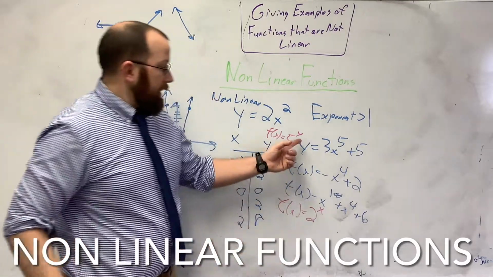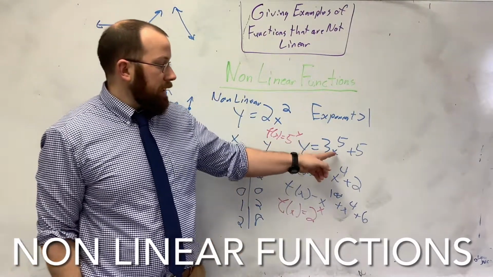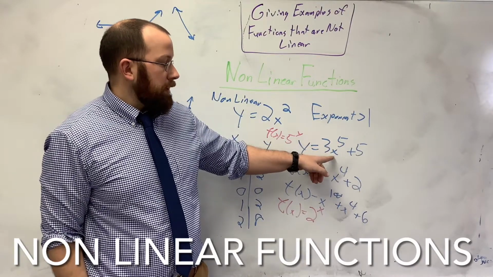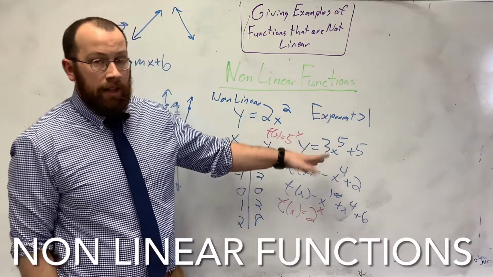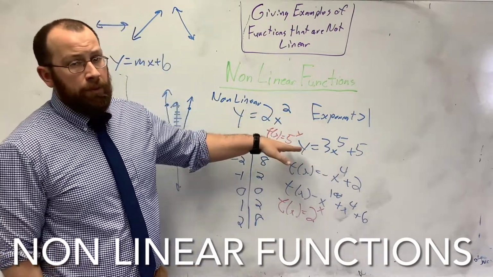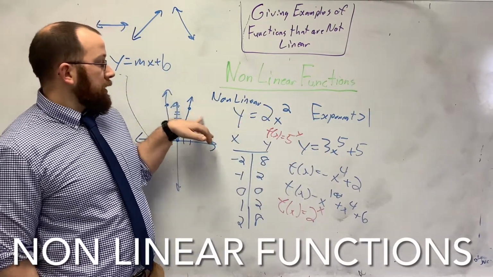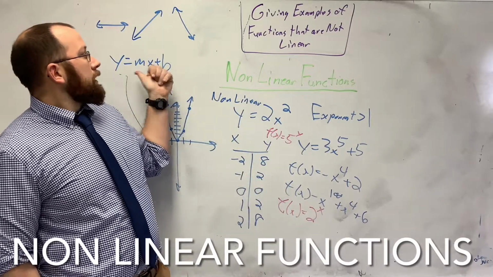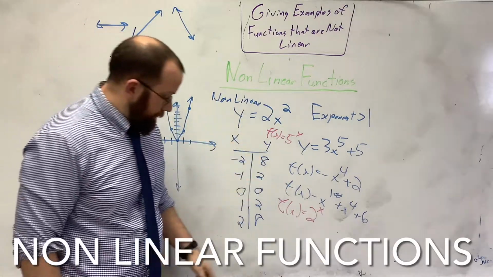Anything that has an exponent is anything that is a power raised to something. Anytime that happens, they're non-linear. You can go ahead and graph them if you want, but they're going to show up something like this or a little bit different. These are all non-linear.